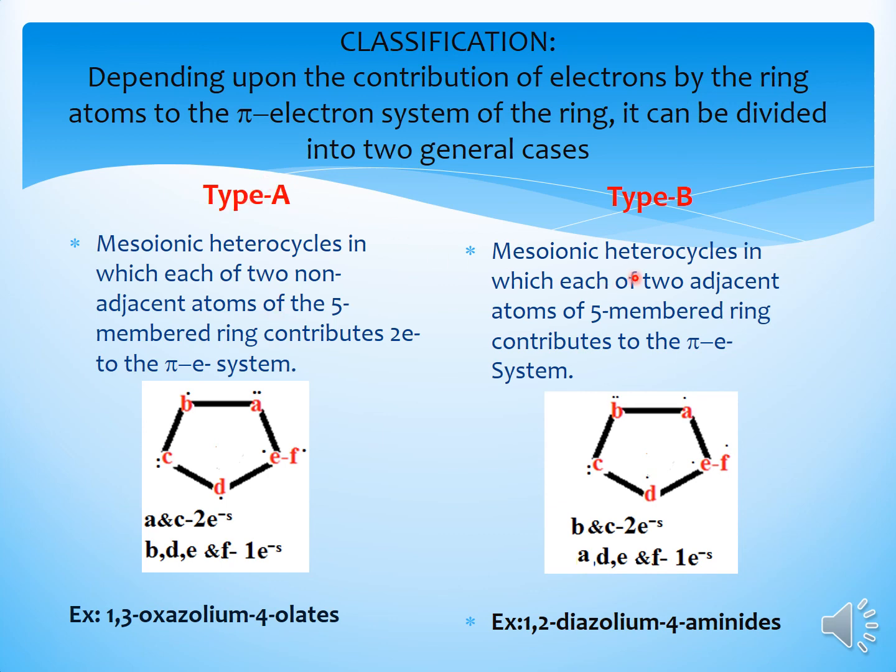Alright, moving on to type B. Here there are adjacent atoms in mesoionic heterocycles, in which 2 adjacent atoms of the 5-membered ring will contribute the pi electrons.